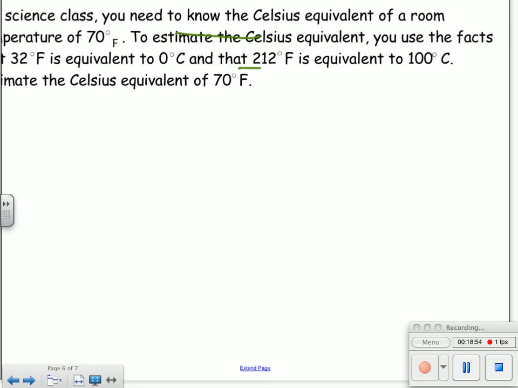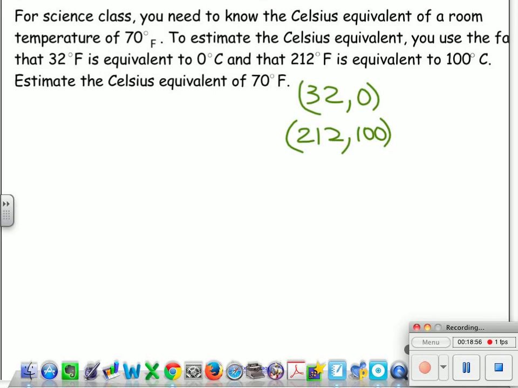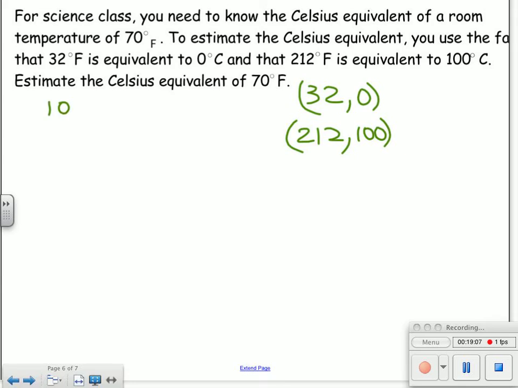Okay, so these are going to be points. Here are the points that we're using here: 32 and 0, and 212 and 100. So what's going to be our difference here in terms of our slope, because we've got to figure that out first. You have 2 points and you're trying to figure out the line.